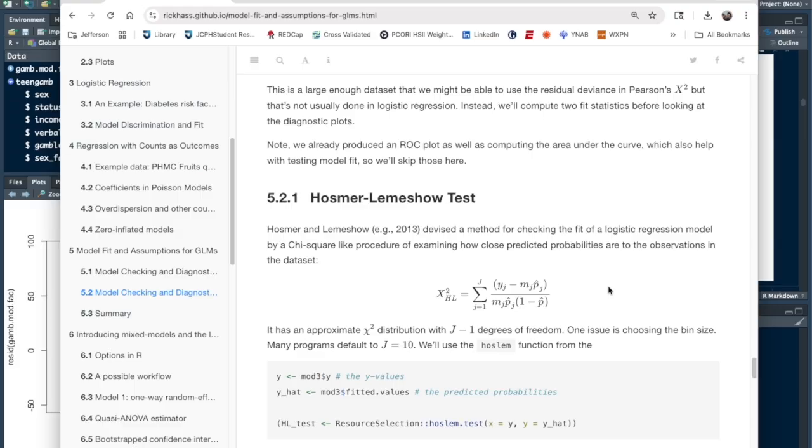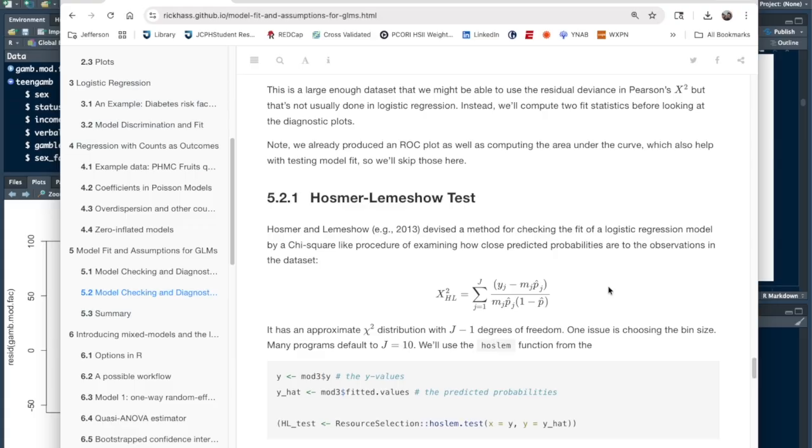So what this test entails is you have to group your data. By default, this test uses 10 groups. So you group your data based on the predicted probabilities.